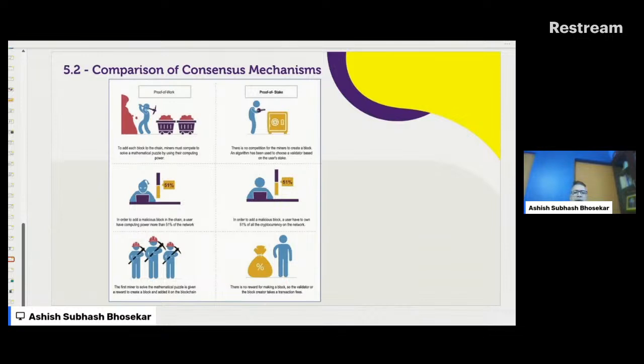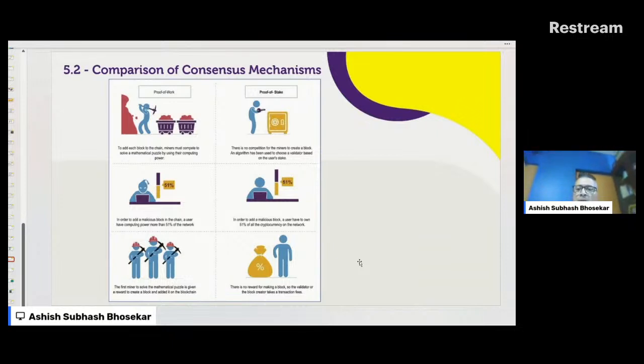Balancing these factors is crucial for choosing the most suitable mechanism. So that depends on how the... But generally, I think proof of work is now very less used, right? This slide also shows the other aspects of proof of work.